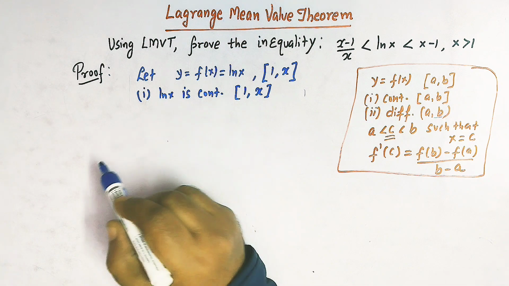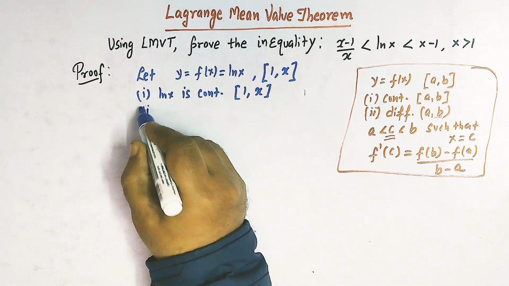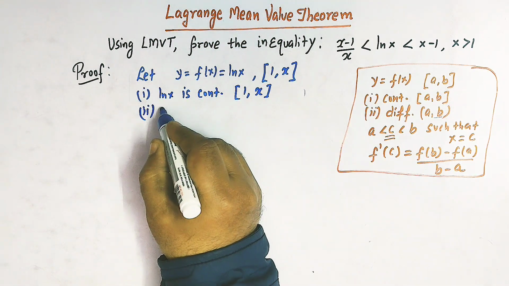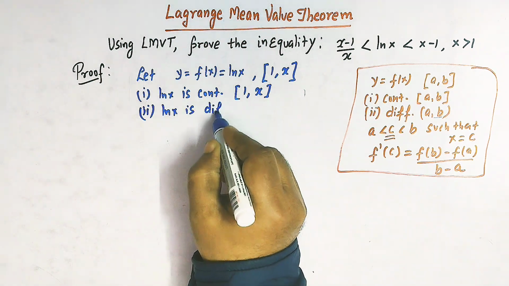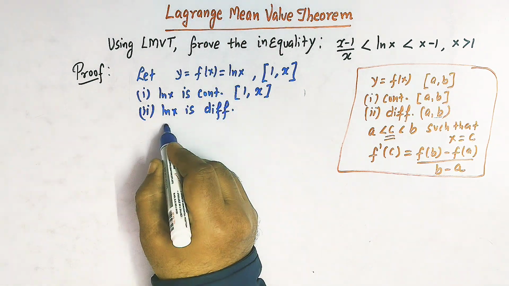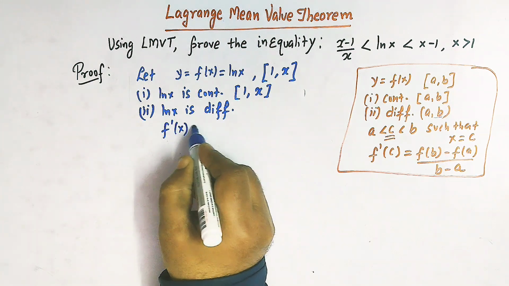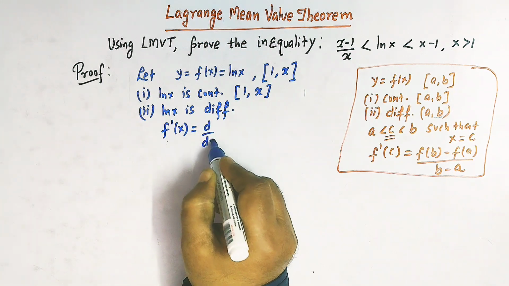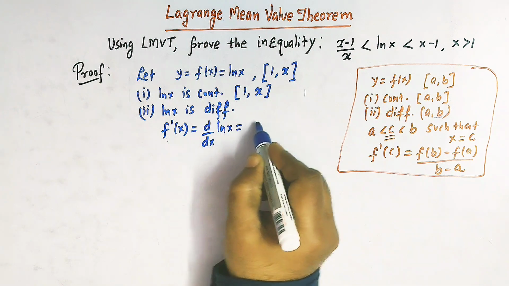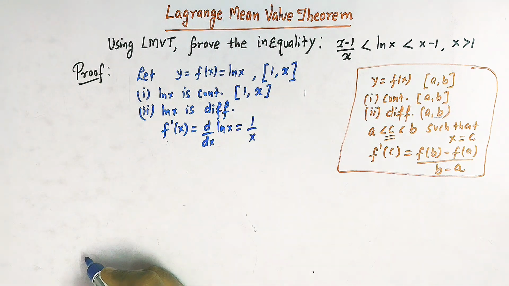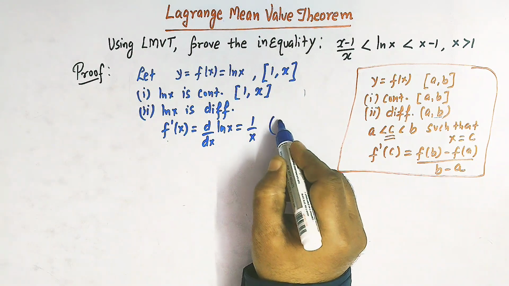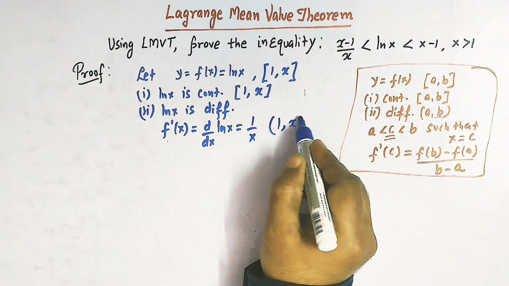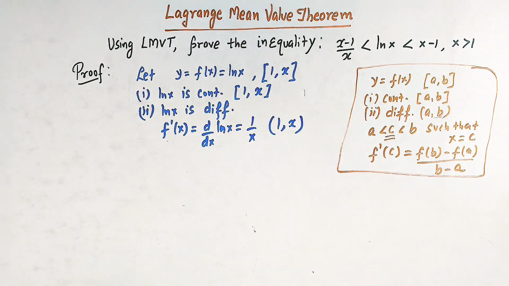And this function is continuous, right? Now the second condition is that log of x is also differentiable, because the derivative, that is f prime of x, is d by dx of log of x, that is 1 over x, right? And 1 over x is defined for all values of x in the interval 1 comma x.